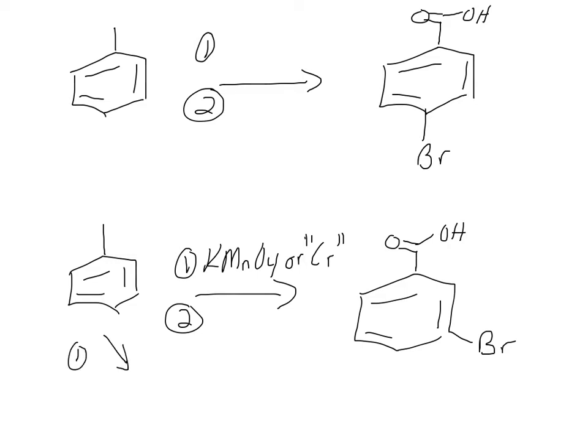After step one, we'd have this. Now to get to step two, since the carboxylic acid is a meta-director, we need to use Br2 and FeBr3. And that will put the bromine meta to the carboxylic acid.